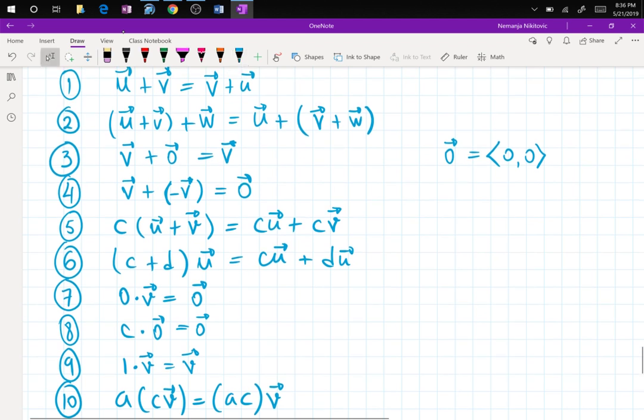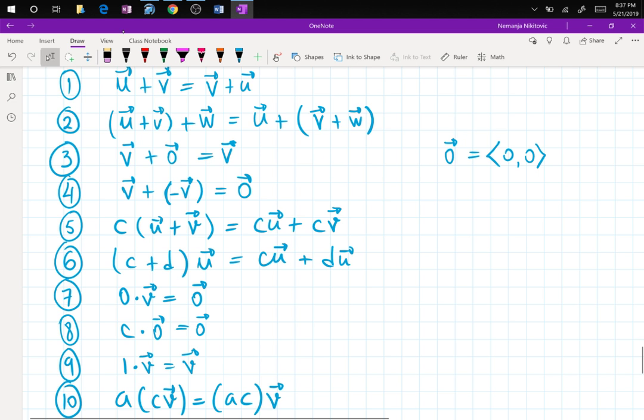We don't focus on proofs, but the proofs for these are very, very easy. To show any one of these, you just write vector components vx, vy, and then when you add 0 to each one of those, you get this one back. Over here, vx times 0 is 0, vy times 0 is 0, so you get 0, 0.